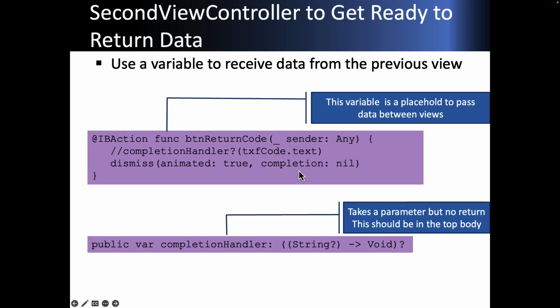This completion is defined here. That is a completion handler. Before we use it, there is a variable definition, so we have to say public variable completion handler is defined. That handler is defined in a way like this: given a string, it just receives a string. That's it, right?